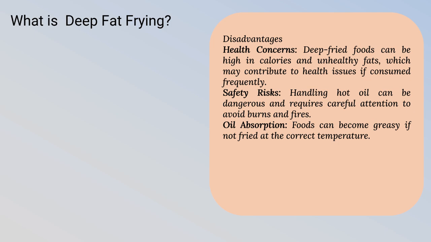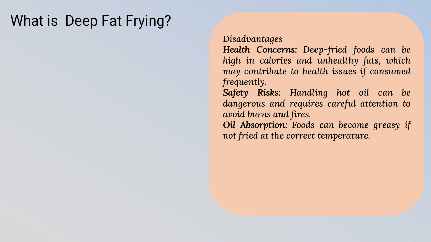Oil absorption. Through deep fat frying, food can become greasy if not fried at the correct temperature. Now, deep fat frying is not that we take a container, take a good amount of oil, put it on the flame and immediately put the product in to fry. First of all, you have to wait for some time so that the oil will be heated.